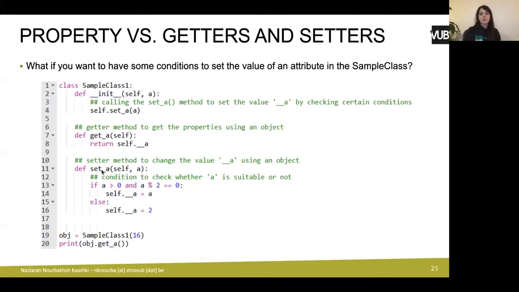But you can see here, I want to have a condition on A, and based on that condition, change the private instance variable. If I don't write it here, then anyone can change it however they want. So whenever I try to change this one, these conditions will be checked.